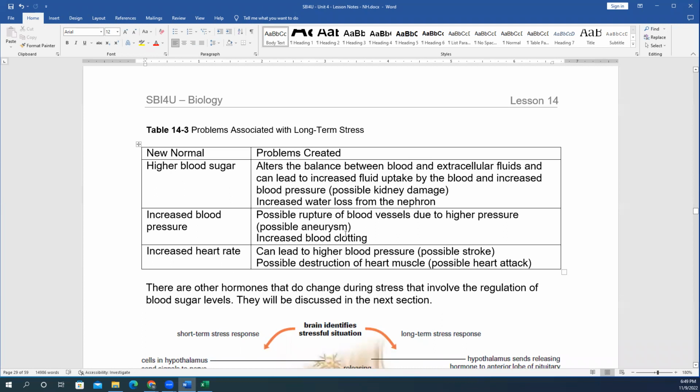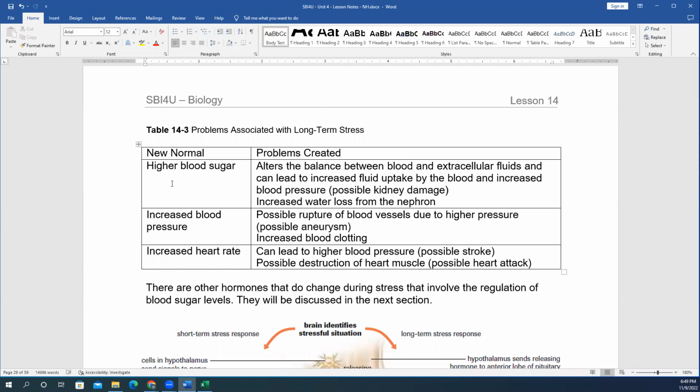And what possible problems can these lead to? When you are constantly in a high blood sugar state, this affects the balance between blood and the extracellular fluids and leads to increased fluid uptake by the blood, and also exacerbates that increased blood pressure, leading to possible kidney damage.